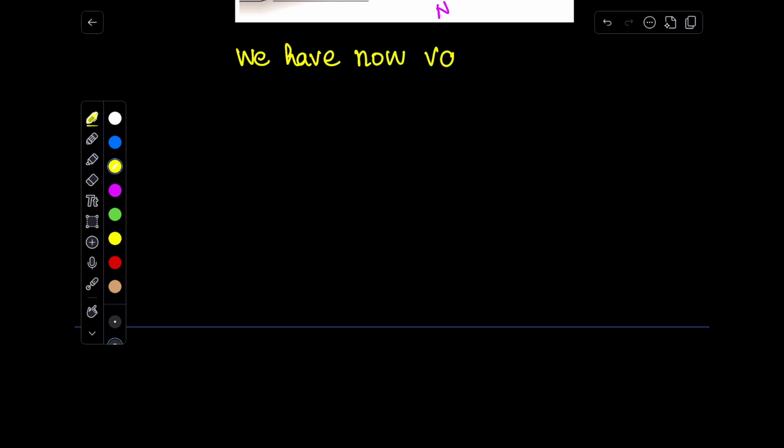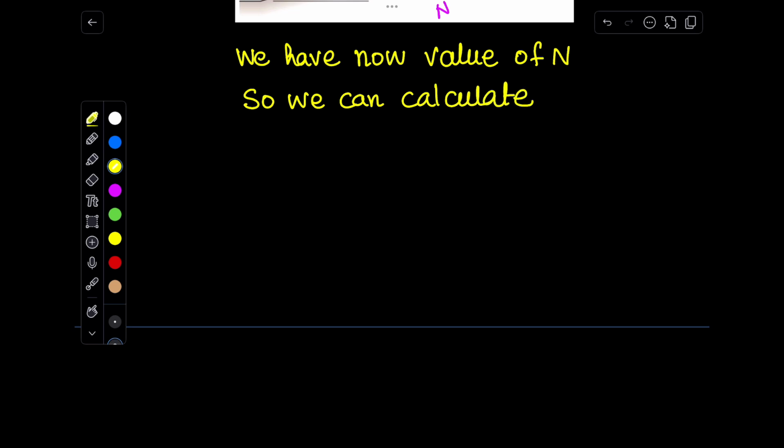Guys, we have just calculated the value for N as you have seen in the previous few seconds back. So based on the value for N, now we can calculate the frictional force, that is equal to the frictional coefficient kinetic multiplied by the normal force.